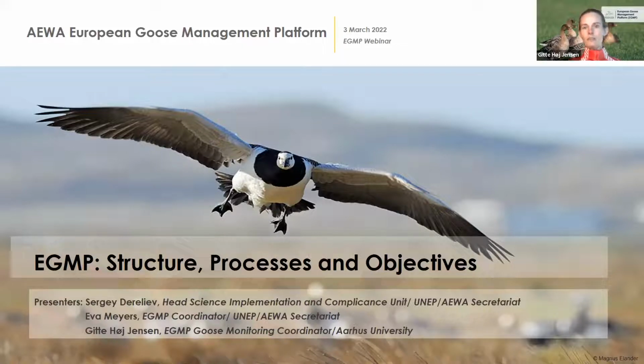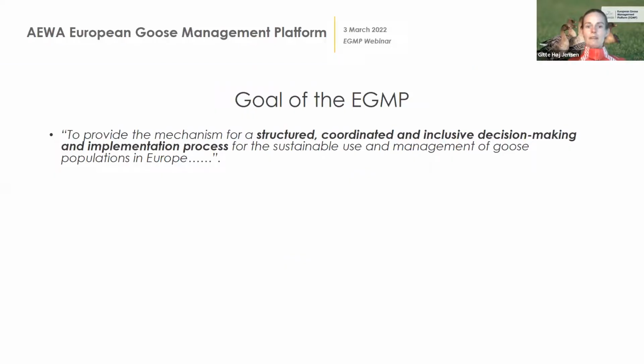And I'll also touch a bit on what Fred said during the adaptive management webinar, just because we are following those methods in the EGMP. Some of you may not have participated in that webinar, but it's just a short recap.